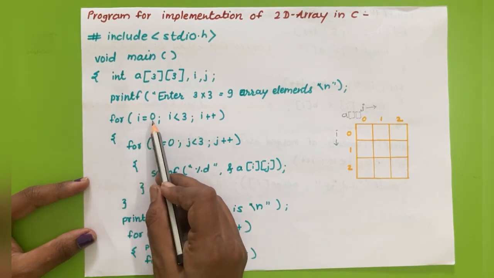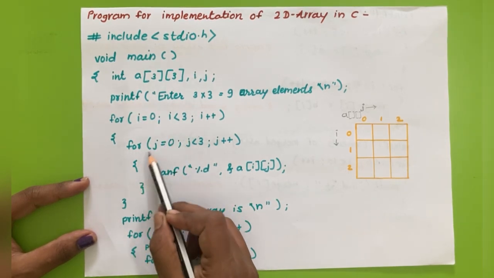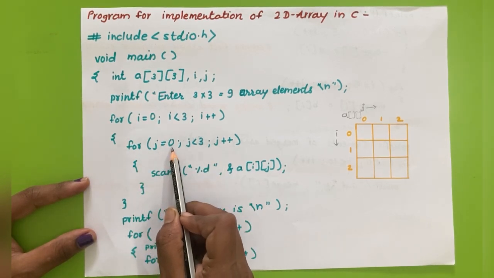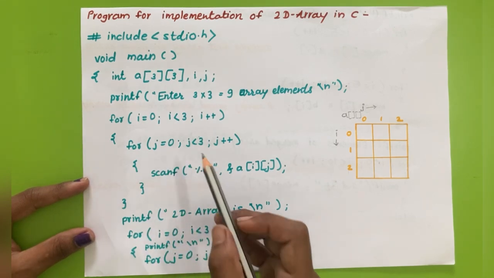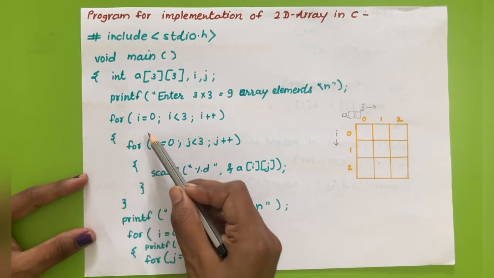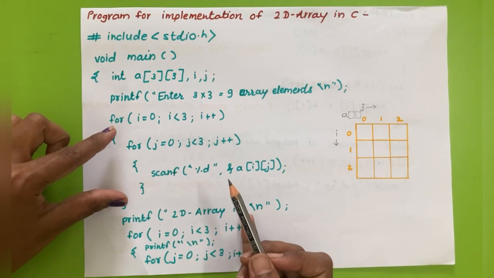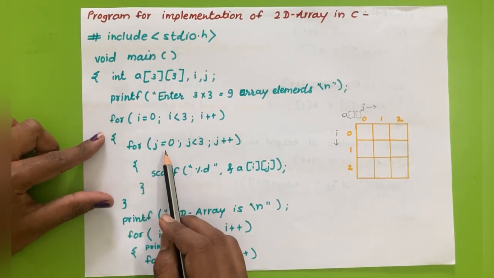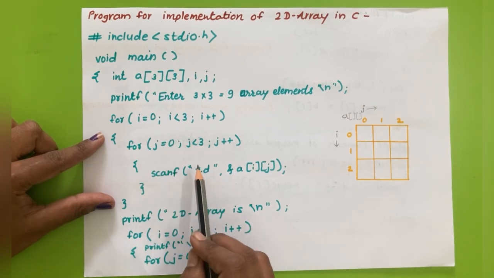So for I equal to 2, this j will again be repeated 3 times, j is equal to 0, 1 and 2. So a total of 9 times these two loops will be executed. For a single value of I, this j will be repeated 3 times.